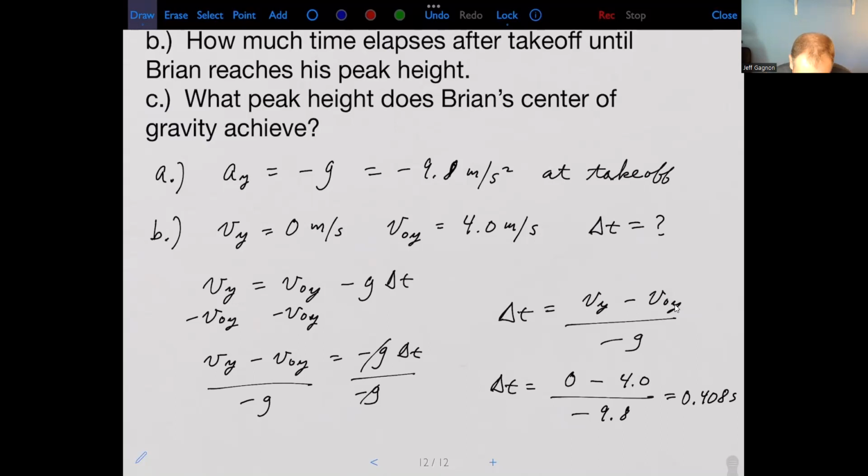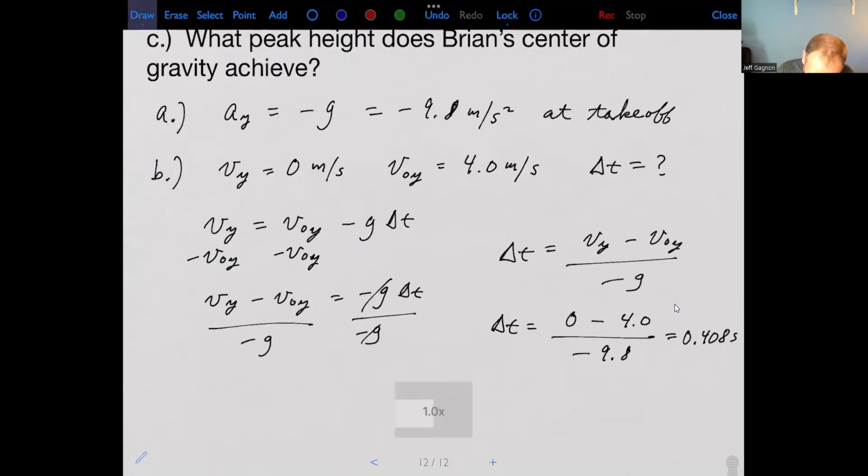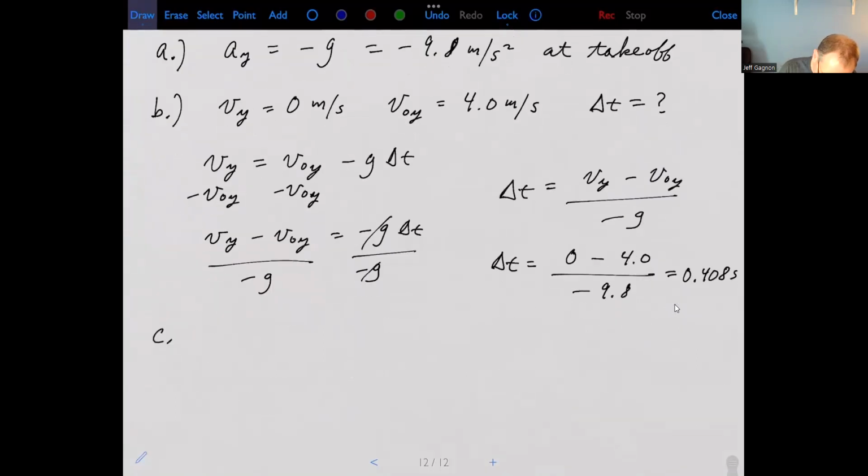Okay, and then the last question is, what peak height does Brian's center of gravity achieve? Well, we can find the change in height by using this equation. We can find the displacement because we know the initial velocity, and we know the time that it takes to reach peak height.